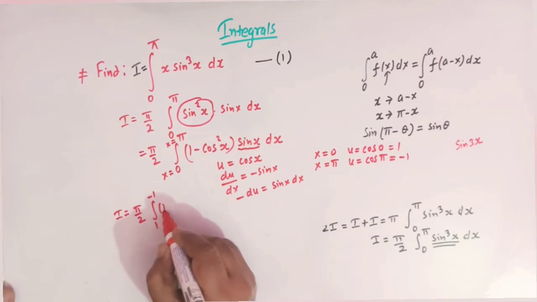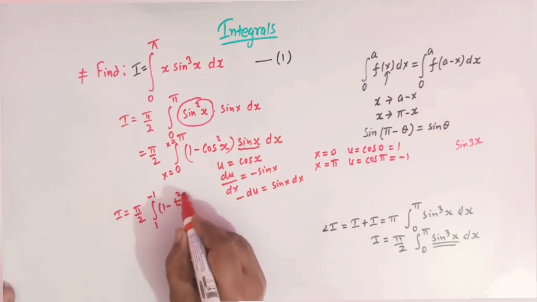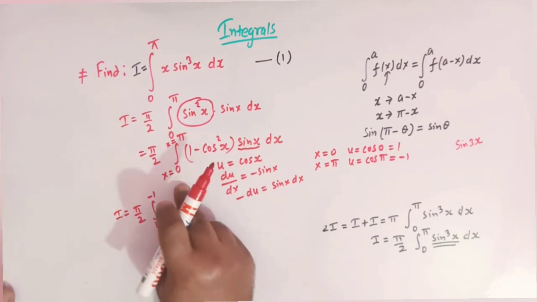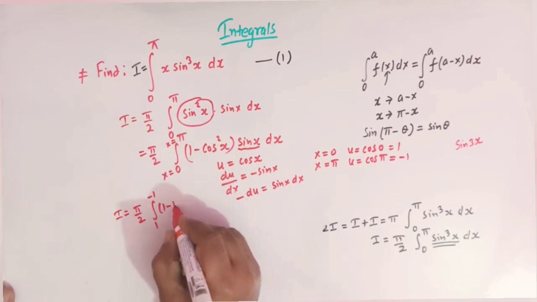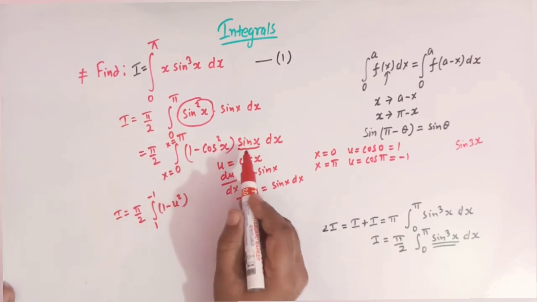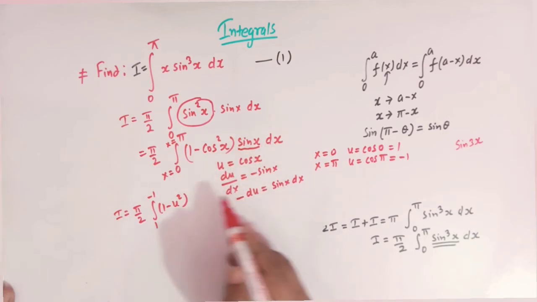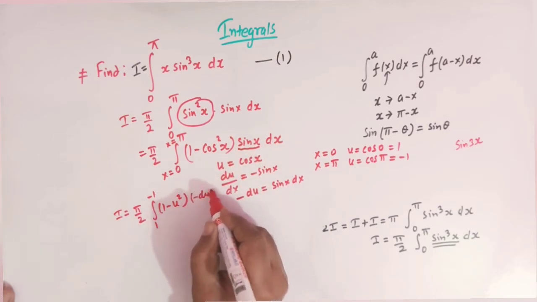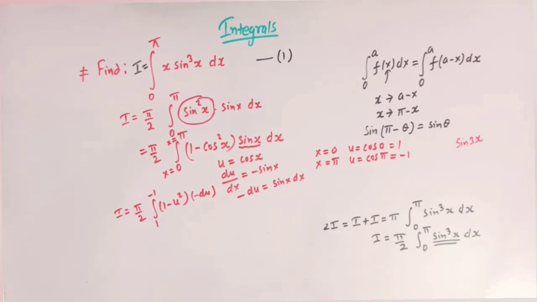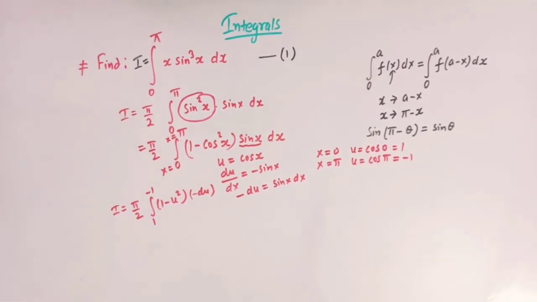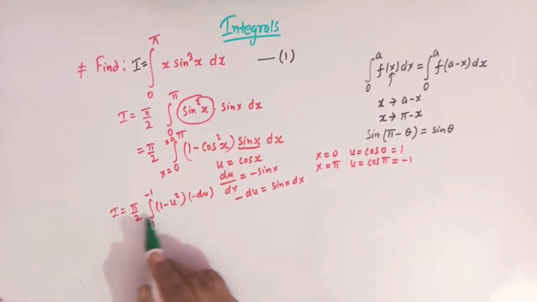Here we have 1 minus u square, here we'll have the variable u, so we have u square, and for sine x dx we can write minus du, right?